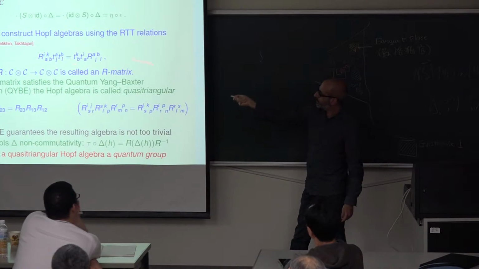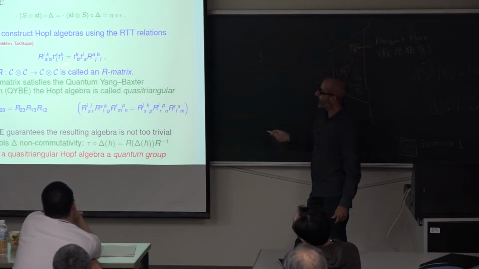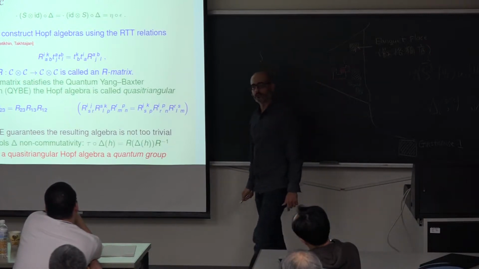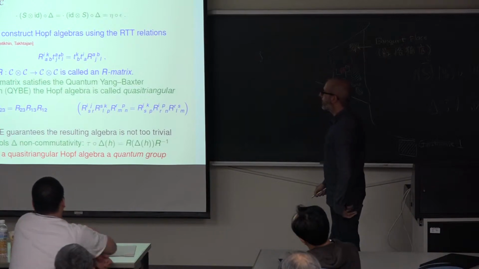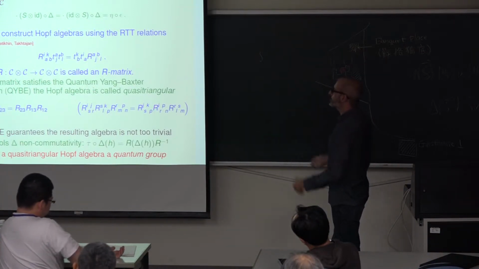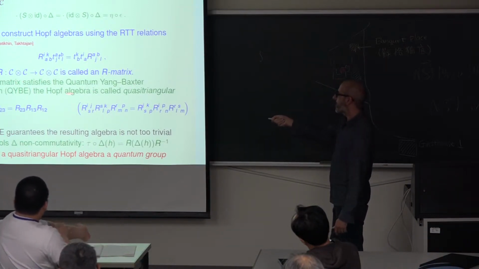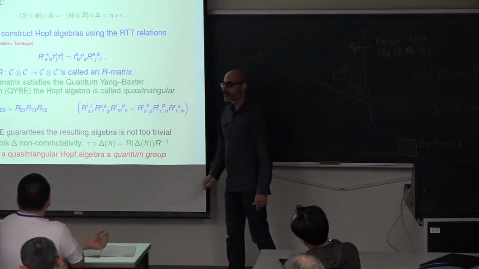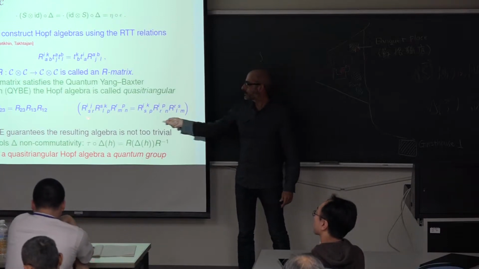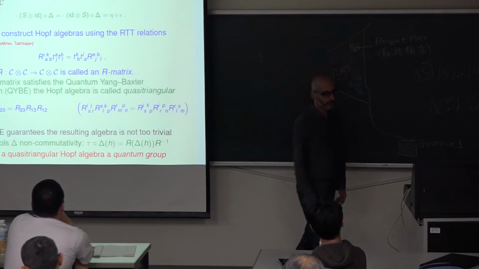And this relation here is called the RTT relation, derived by Faddeev, Reshetikhin and Takhtajan in 1990. You can construct the Hopf algebra if the R matrix satisfies what is known as the quantum Yang-Baxter equation, which I write in indices here, in case this notation is unfamiliar.